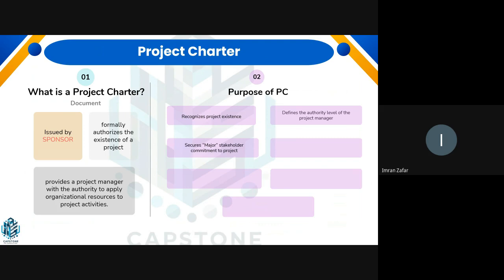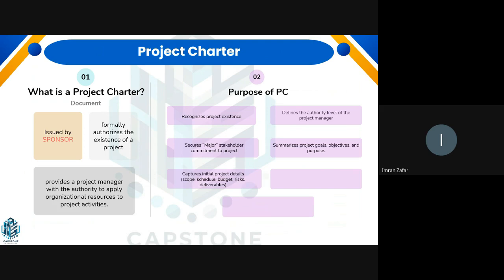Major stakeholders are already aligned or committed to the project, because they are the ones, like your sponsor or maybe your board of directors, who approved the business case and approved the project charter. It has the summary of goals, objectives, and purpose that the project is trying to achieve or should achieve.